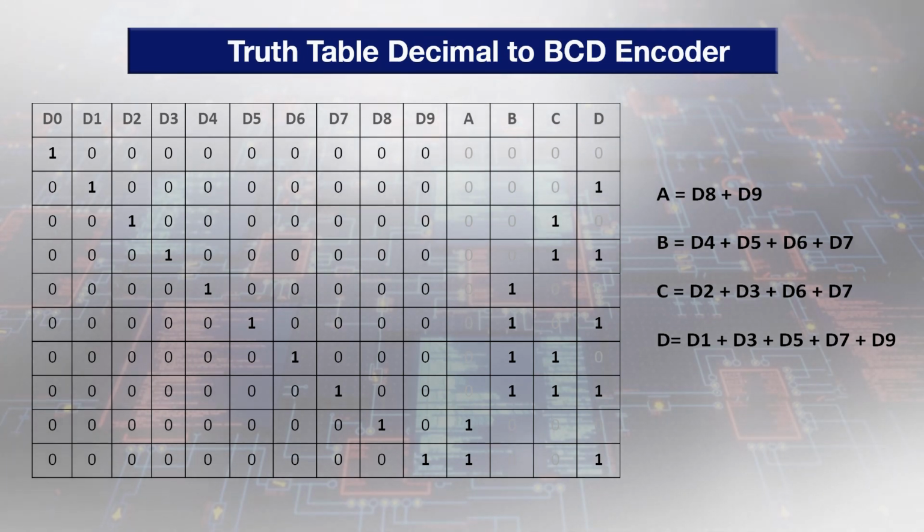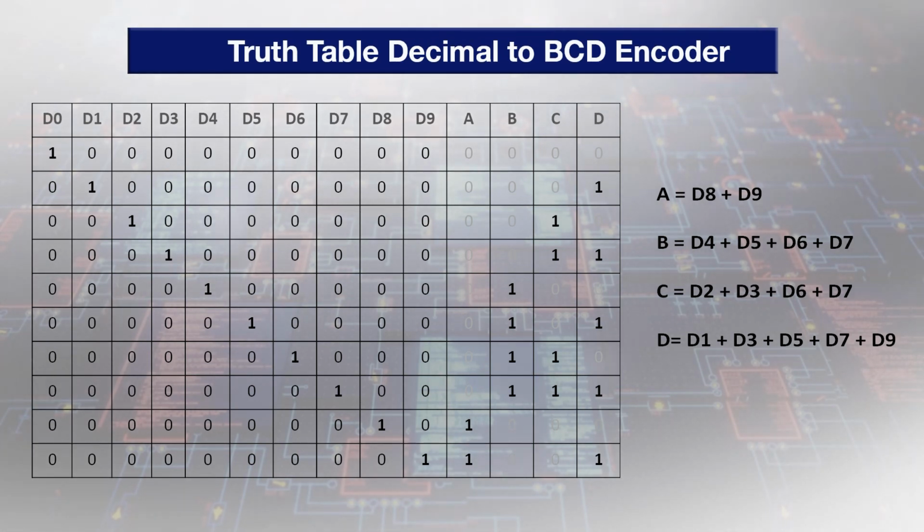Similarly, the output C is high when D2 is high or D3 is high. Likewise, the output C is also high when D6 is high or D7 is high. So you can say that the logical expression of the output C is equal to D2 plus D3 plus D6 plus D7.